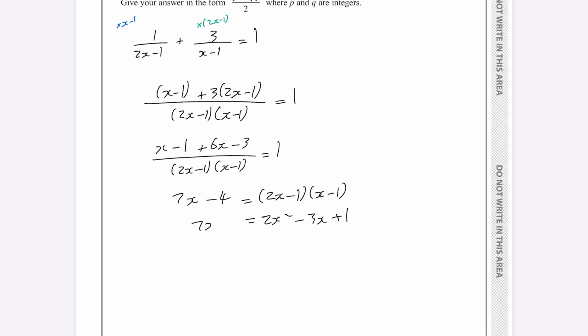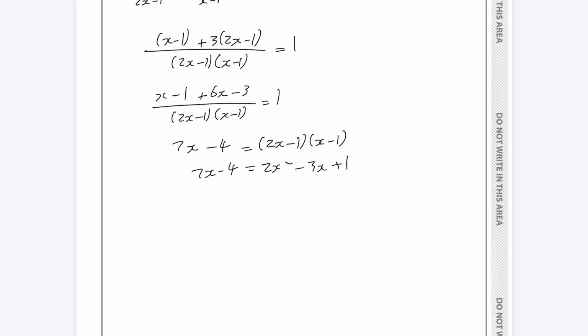And then on the right, we still have 7x minus 4. So if I now move the terms over from the left to the right, that's going to be minus 7x on each side and plus 4 on each side. So that's going to give us, and I'm not going to write this equals here, 2x squared minus 10x plus 5 is equal to 0.